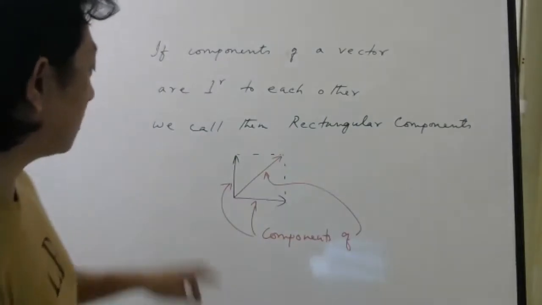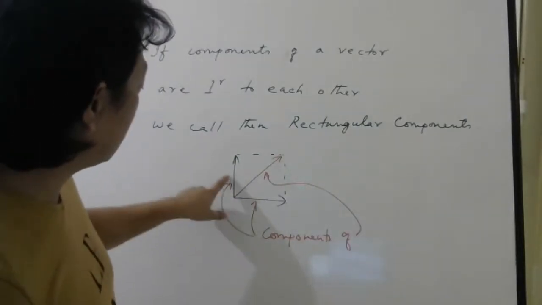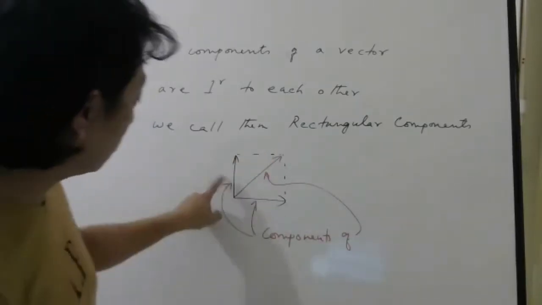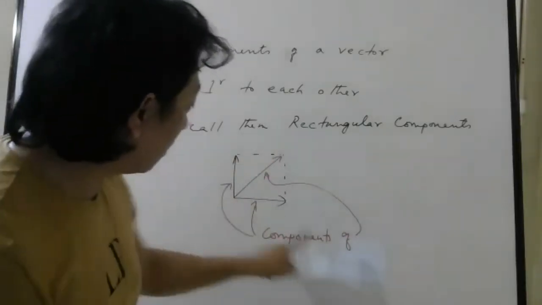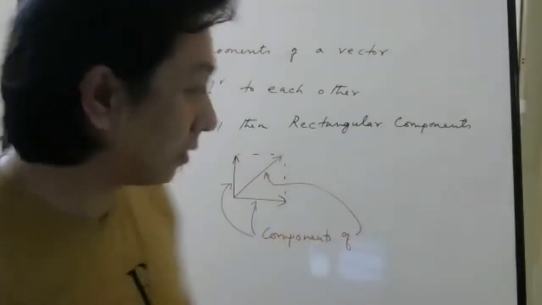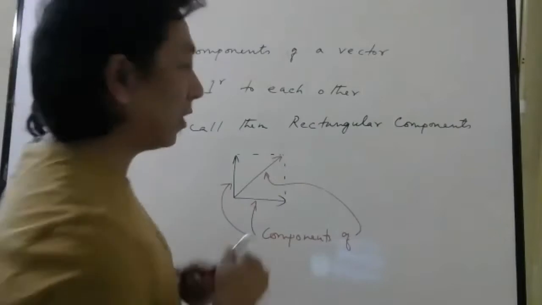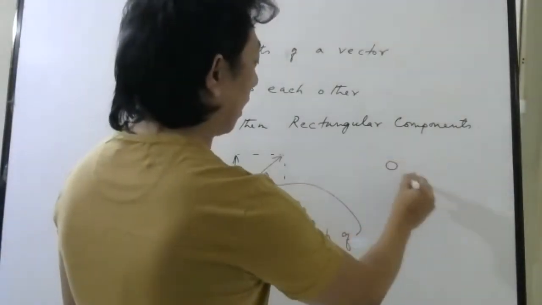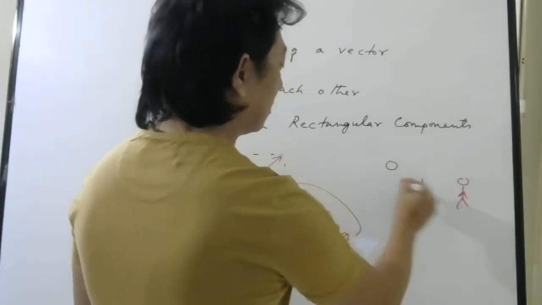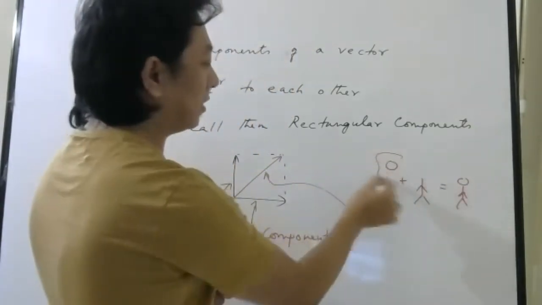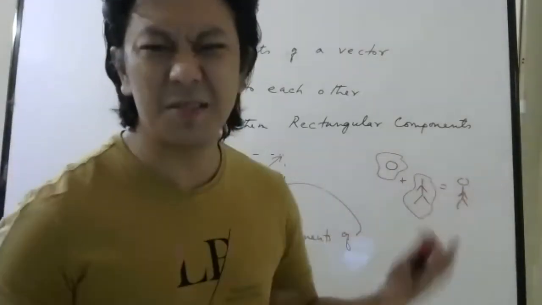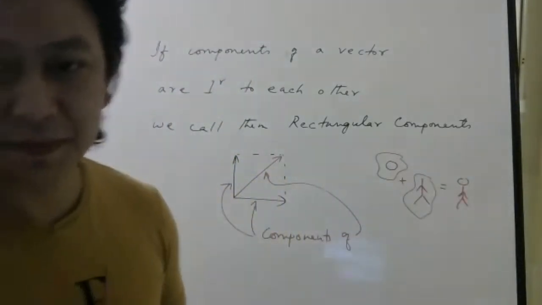When I say by adding these two vectors we get this vector, it means these two are components of this vector. That is the first thing you have to understand, and it's a simple way of remembering.